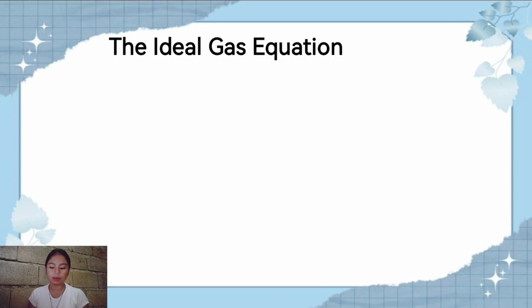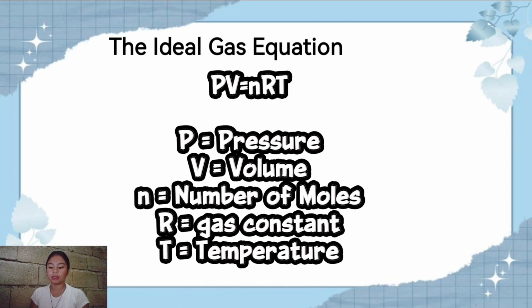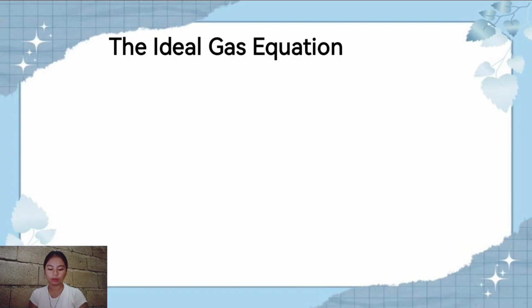It combines all the simple gas laws into one relationship written as PV equals nRT, where P stands for pressure, V is volume, n is the number of moles, R is the gas constant, and T is temperature in Kelvin. Kani nga equation, if usa sa ilaha mag-change, it means the others will also be affected.